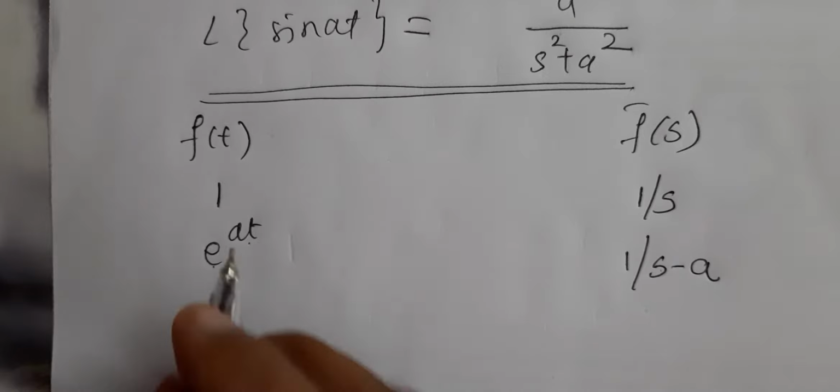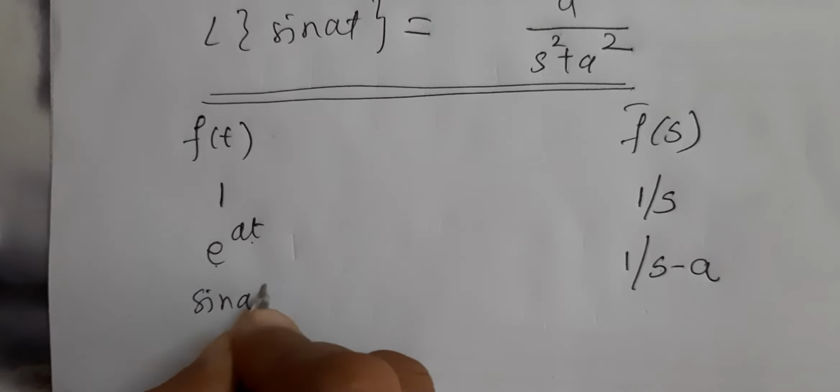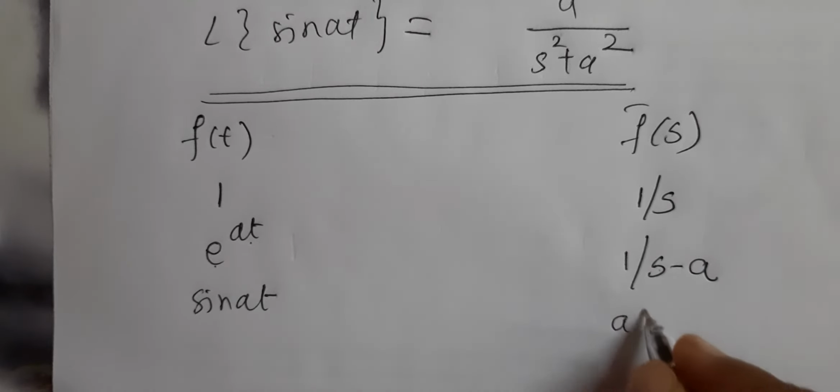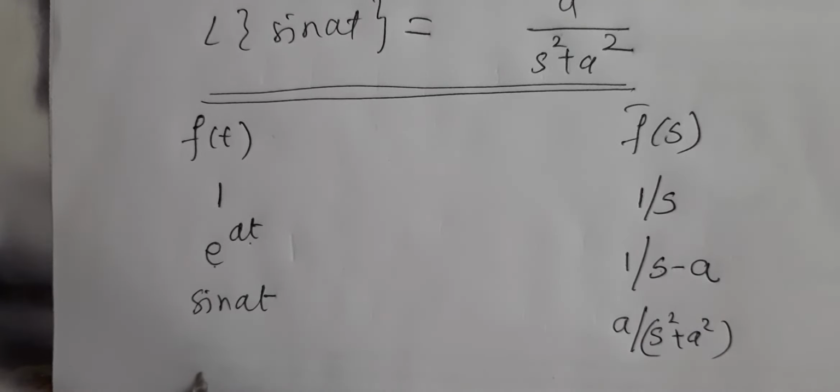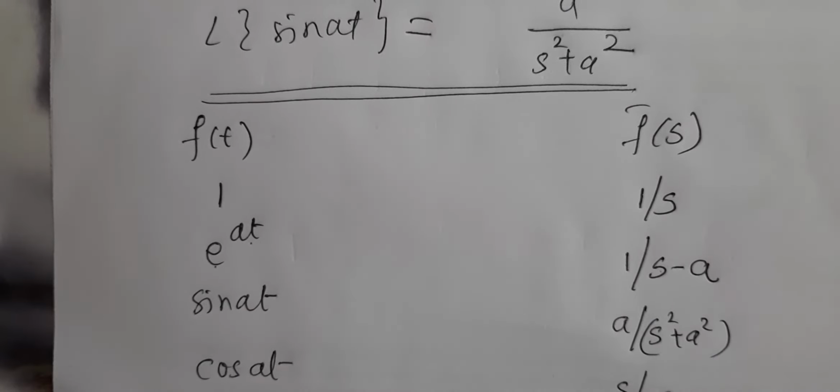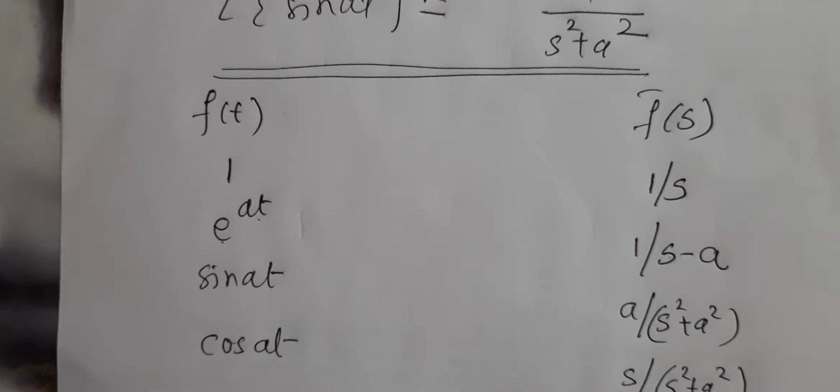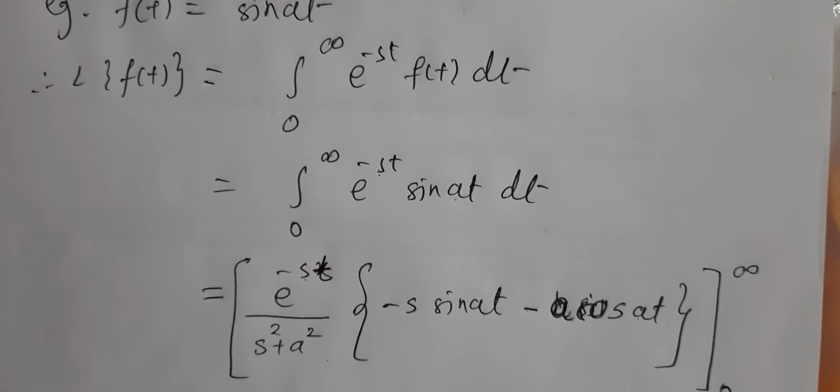Then we have another function, just now we proved. Laplace of sin at is a upon s² + a², and exactly the same way Laplace of cos at is s upon s² + a². If you want, I will just tell you verbally the derivation of Laplace of cos at.